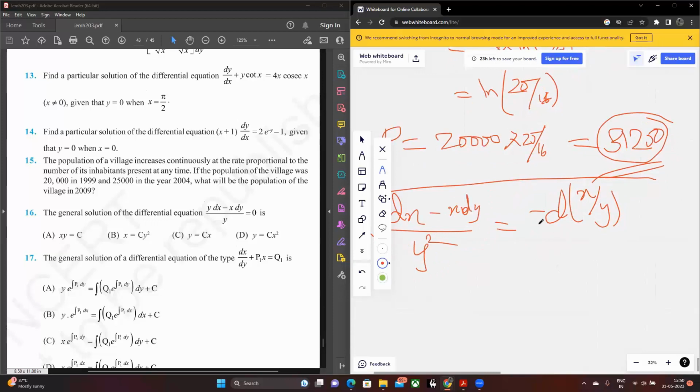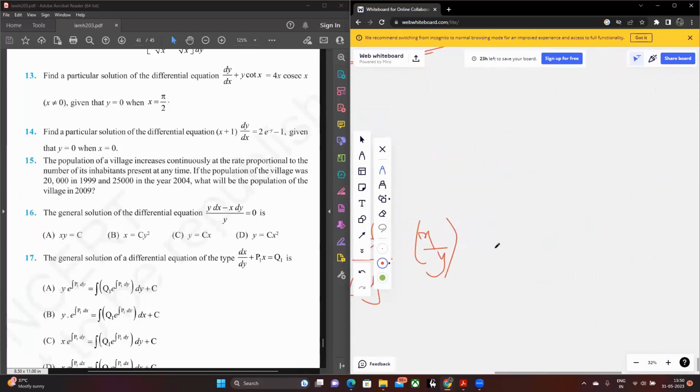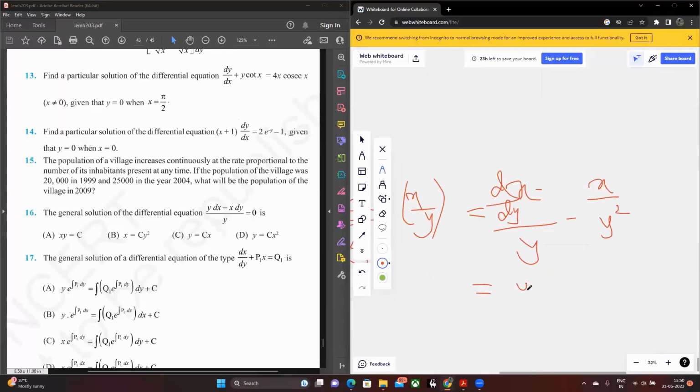Because if I do d by dy of x by y, I'm going to basically get dx by dy divided by y minus x divided by y squared. This is basically y dx by dy minus x divided by y squared.